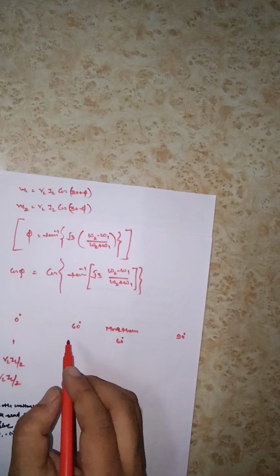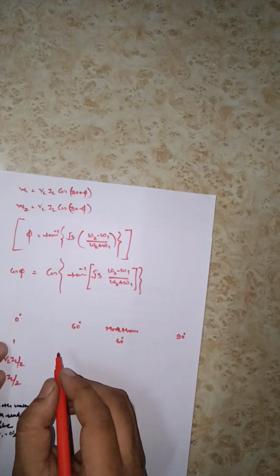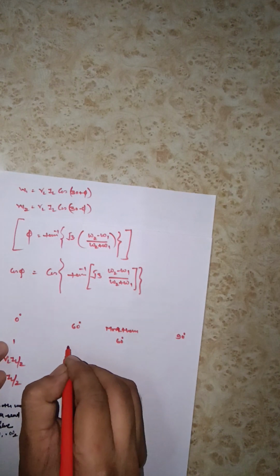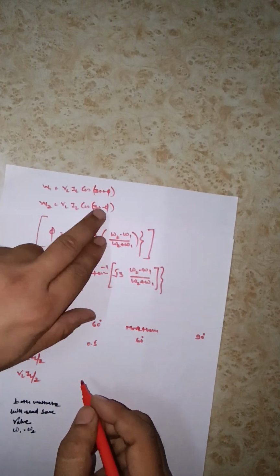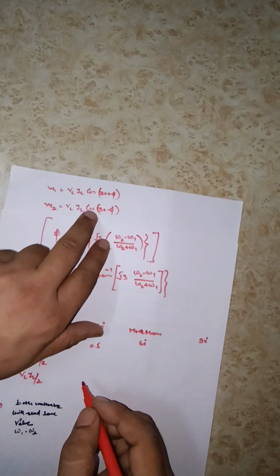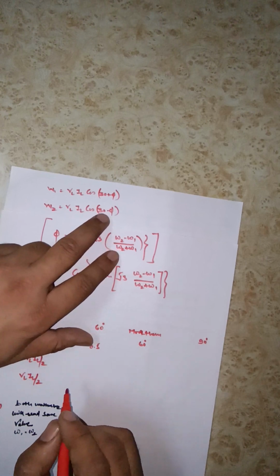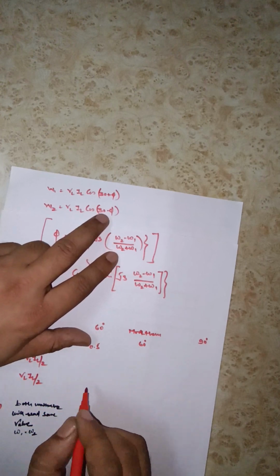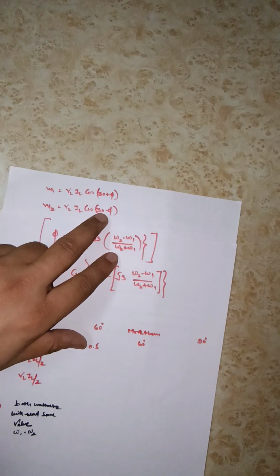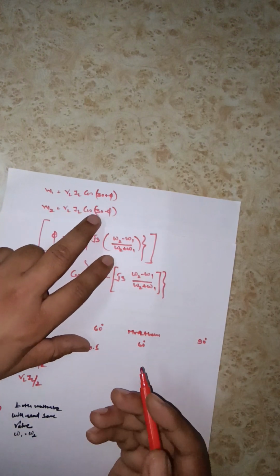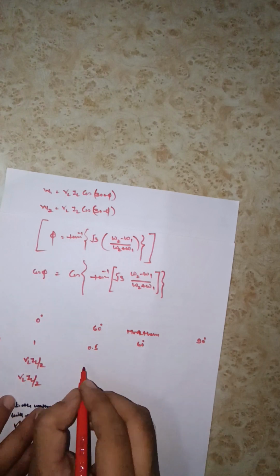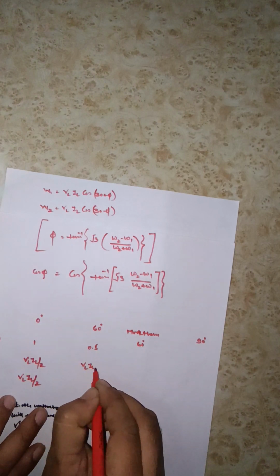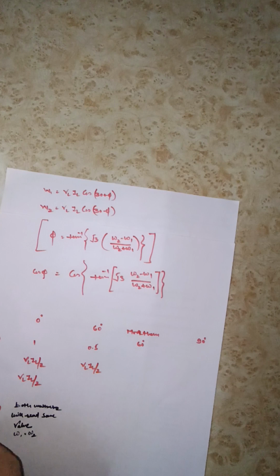Now next, when phi is 60 degree, what will be the power factor? 0.5. Now W2, put here 60 degree, so it will be equal to cos minus 30, and minus does not exist in cos, so it will be VL IL by 2.